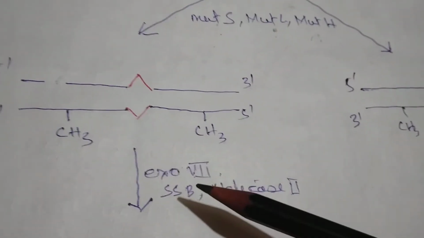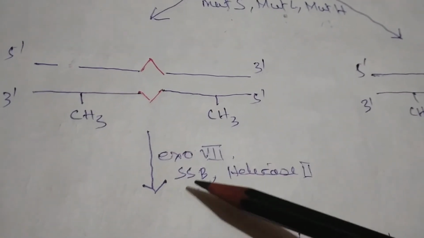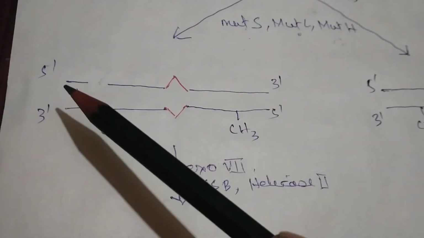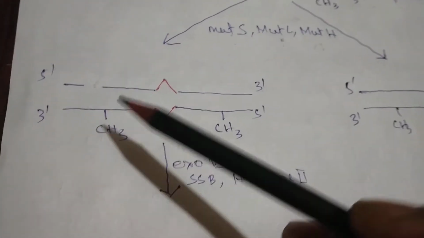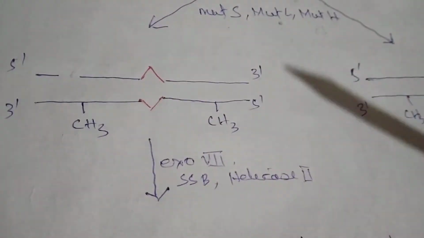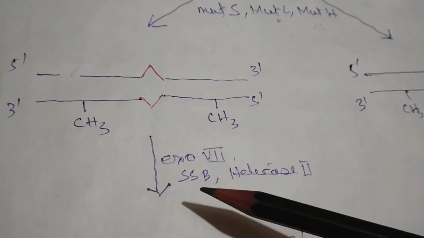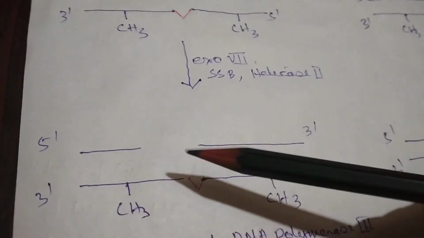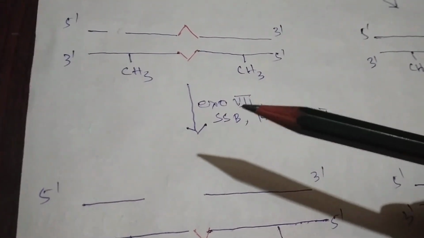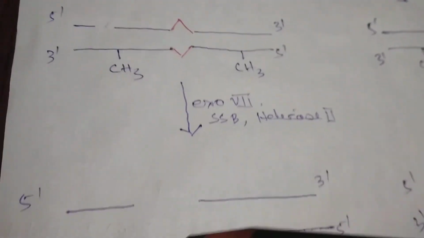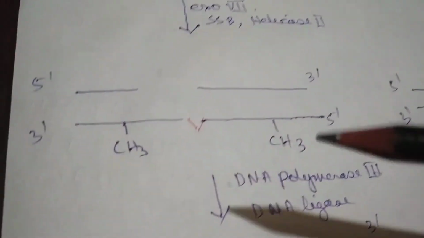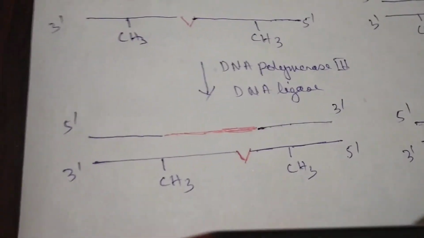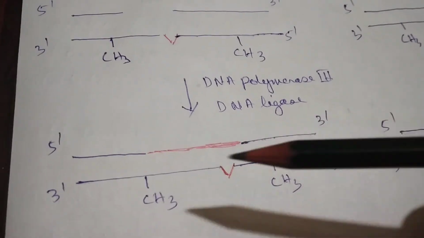Now with the help of exonuclease 7, single strand binding proteins and helicase 2, because the cleavage is happening from the 5' end, the exonuclease involved will be exonuclease 7. The gap is created over here because of that cleavage, and then this gap is filled by DNA polymerase 3 and joined by DNA ligase, and that mismatch is corrected.